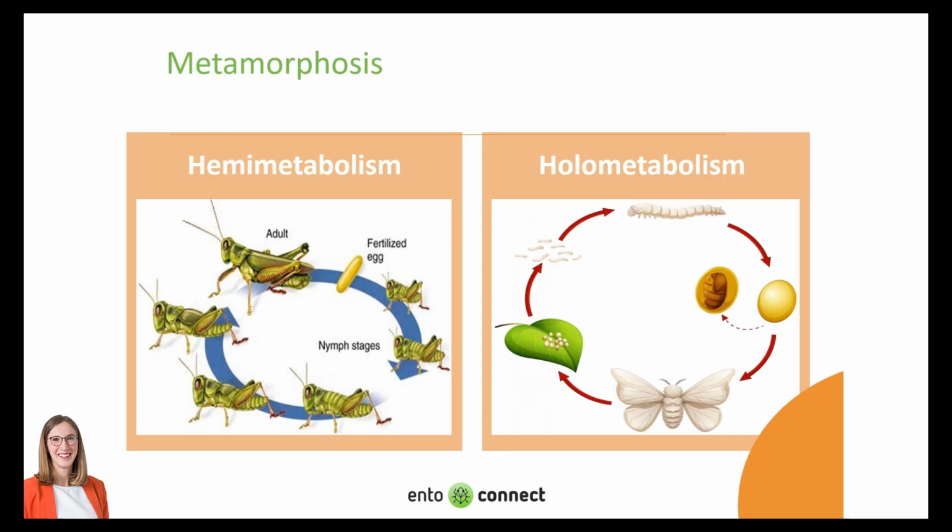That's very different with holometabolous insects. They change their appearance drastically throughout their life. Examples are beetles, flies, and in this case, a silkworm. You're probably most aware of the changes within the butterfly or moth. So they hatch as a teeny tiny silkworm, the larval form.